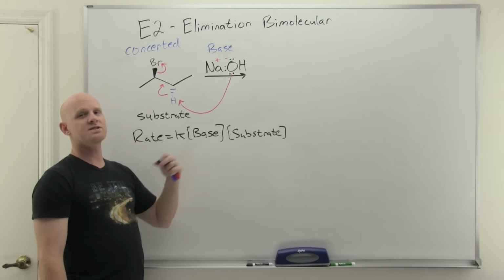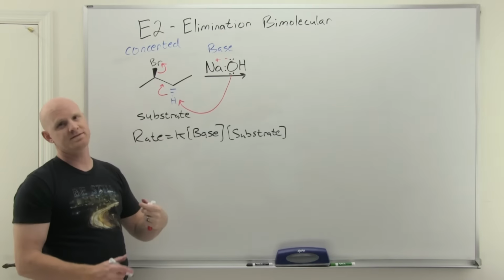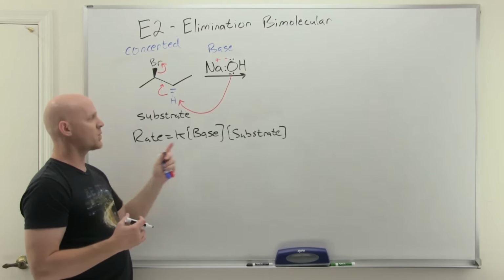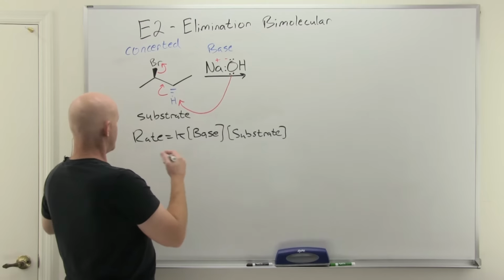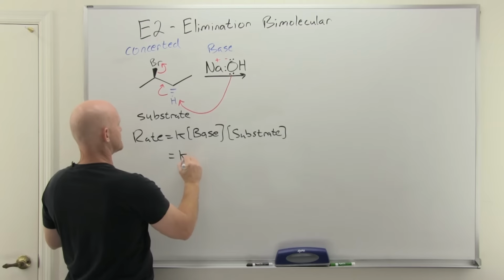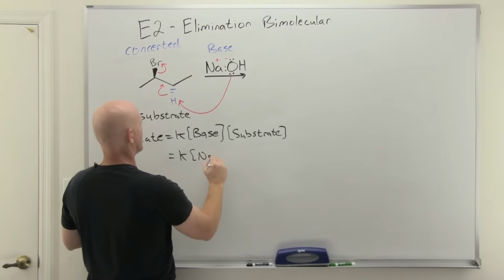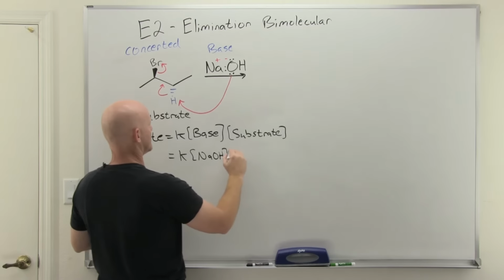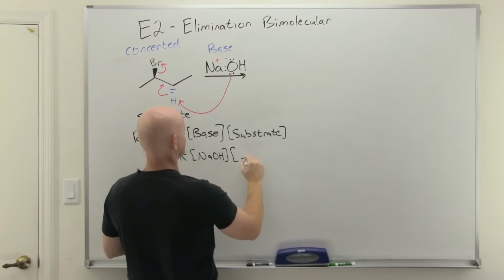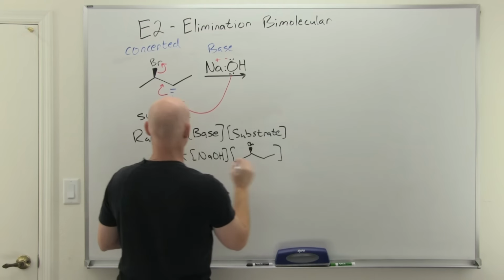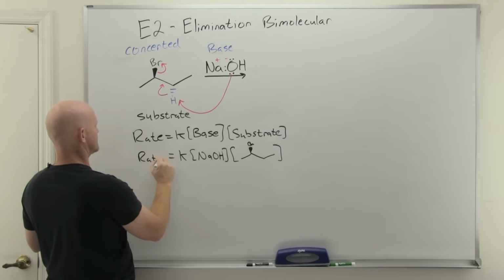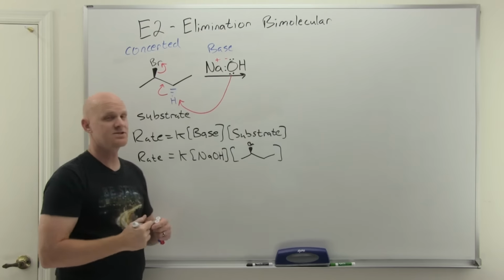If you double the concentration of the substrate, you will double the rate of the reaction as well. So the rate is proportional to each of them independently here. If we take a look at our specific reaction, the base is sodium hydroxide. You could just put hydroxide here. And then our substrate is 2-bromobutane here. And so there's our specific rate law for this E2 elimination.